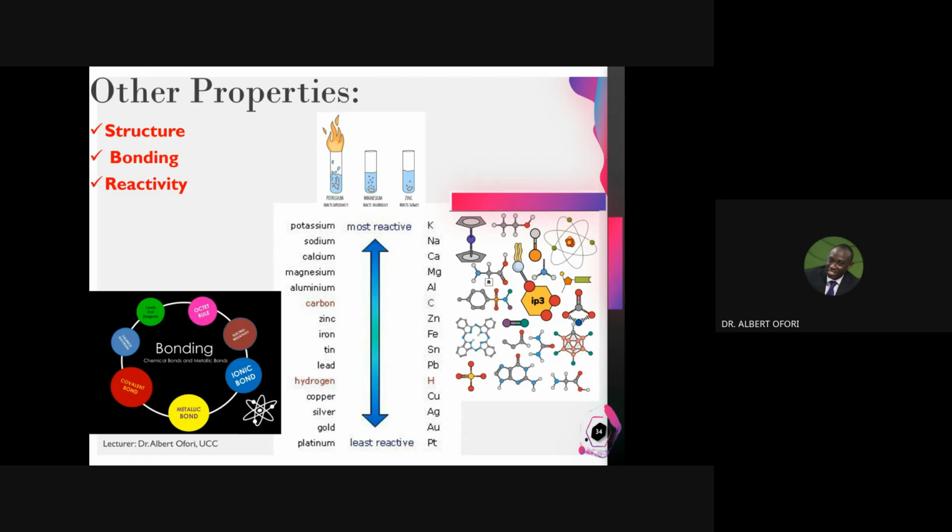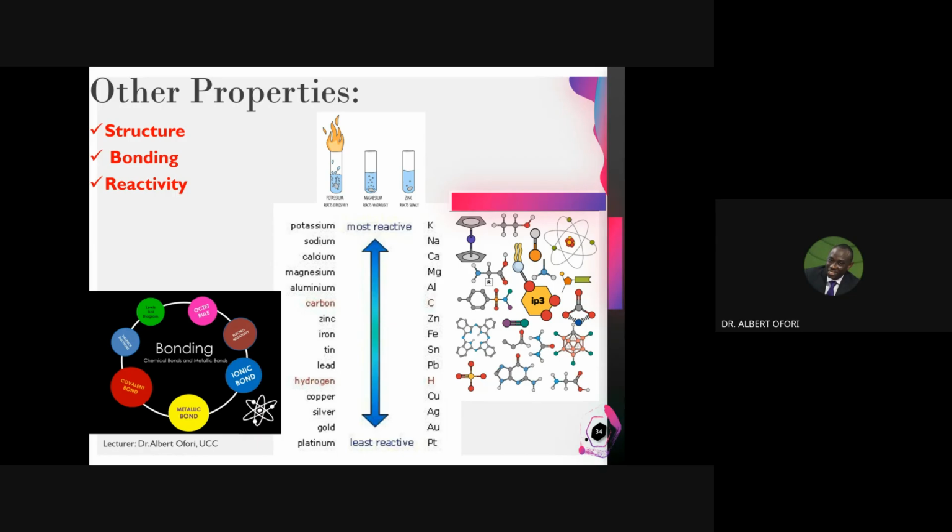Now, for you to say that an element is reactive, number one, reactivity has to do with the movement of electrons. So number one thing is that for an element to be more reactive, it should have fewer electrons. Fewer electrons in the sense that, if it is just the main group, these fewer electrons will allow it to lose them if it is a metal, or if it has more, then it wants to draw electrons to itself.